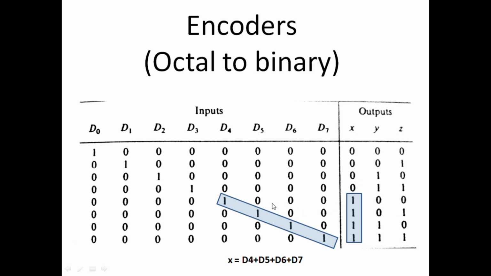So just consider the corresponding input variables. So x is 1 when d4 is 1, or x is 1 when d5 is 1, or x is 1 when d6 is 1, or x is 1 when d7 is 1. So we can write this logically: x is equal to d4 or d5 or d6 or d7. So this is the Boolean equation of x.